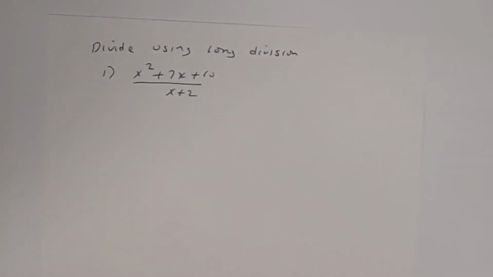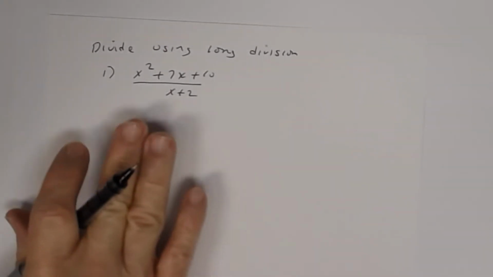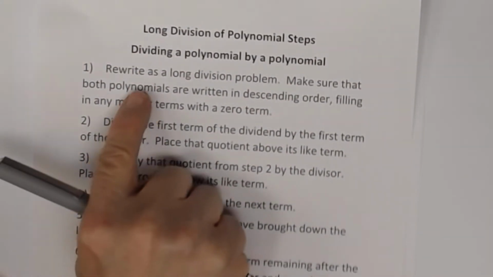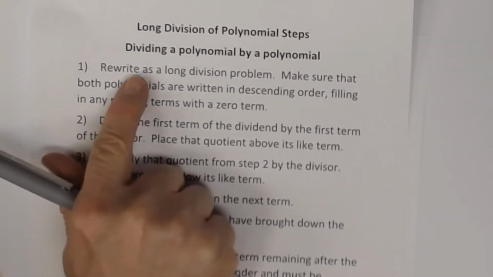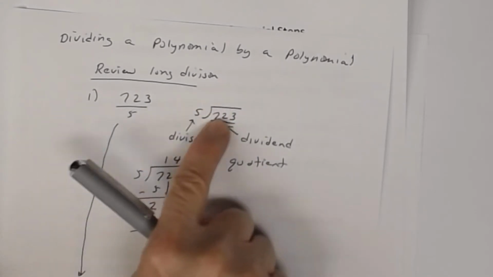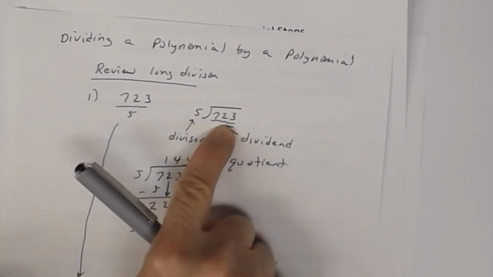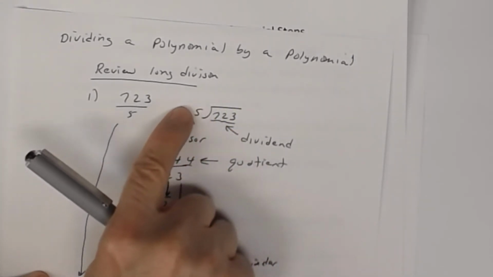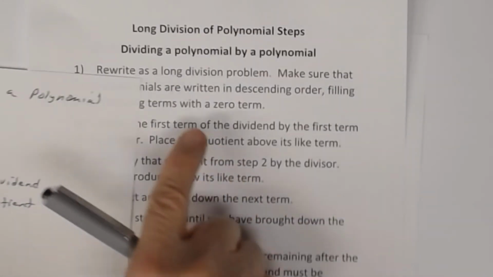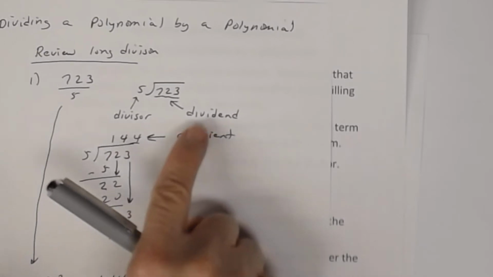Okay, now one of the things that's very important in step number 1, and make sure you see this, it says rewrite. You're going to rewrite this as a long division problem, which means you're going to write it like this. You're going to write it using this notation. That's what that means. Okay, so you're going to write your divisor and you're going to write your dividend. So this right here, long division problem, means this idea, and you're going to go through these steps.